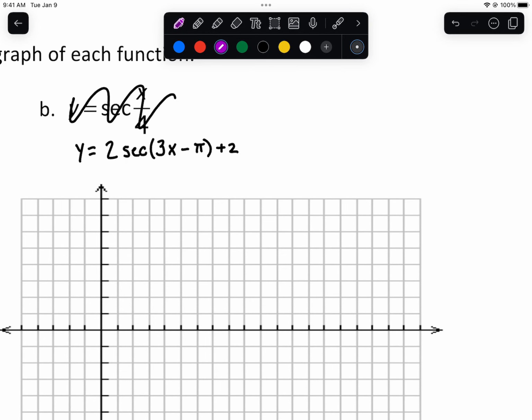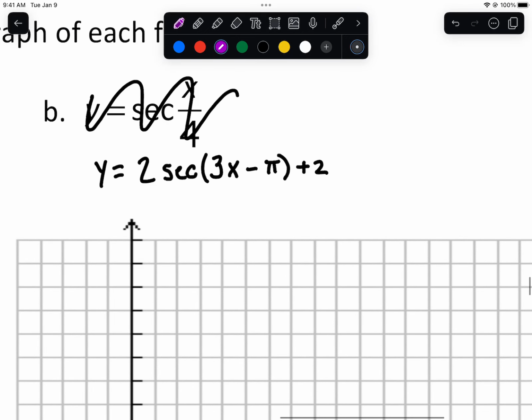So change the original problem there to 2 secant of 3x minus 1. The first thing I want to talk about here is getting this to where it's in its factored form. To do that, we need to undistribute the 3. You can put a separate bracket there if you want.